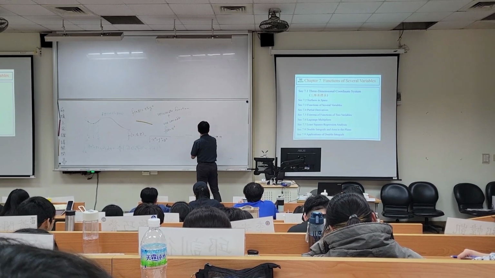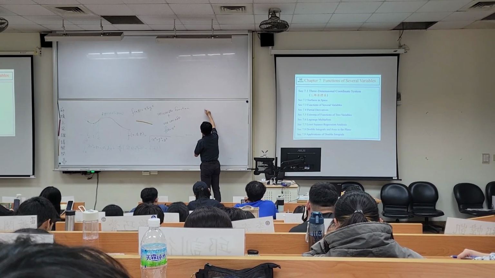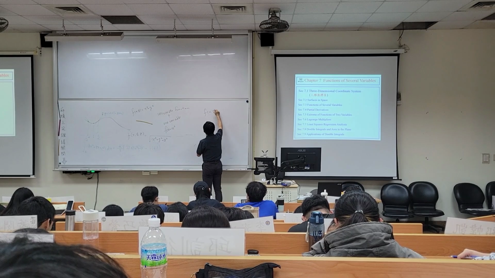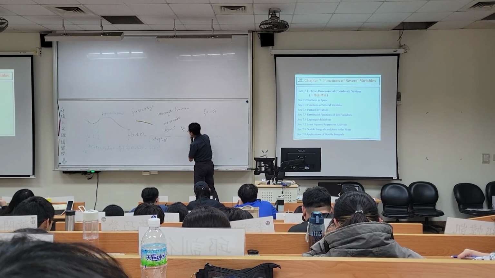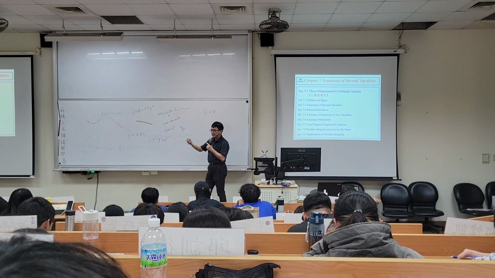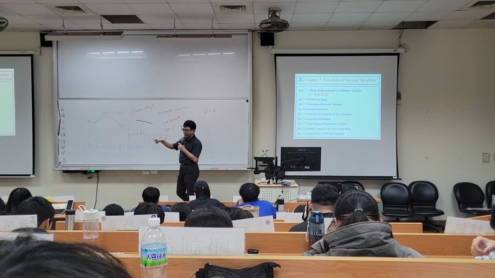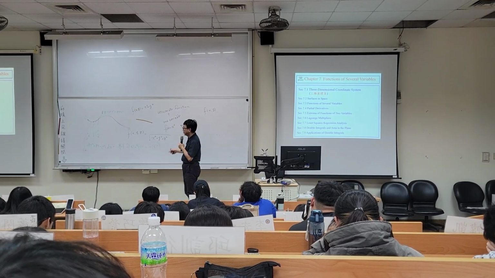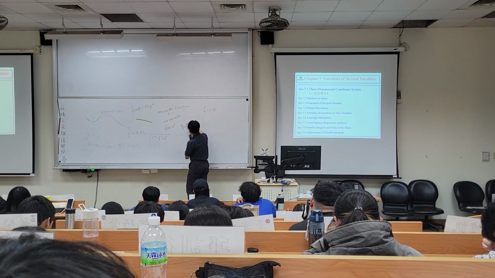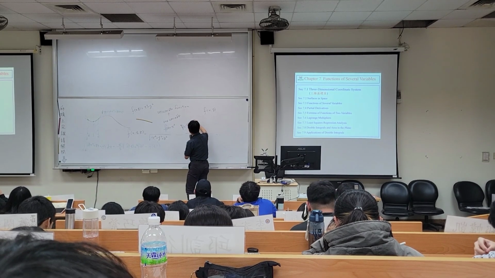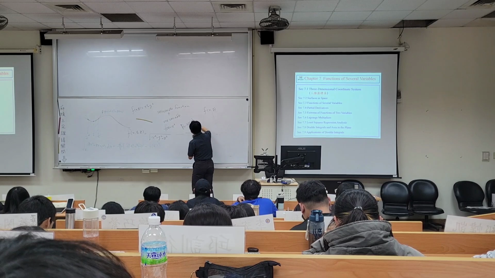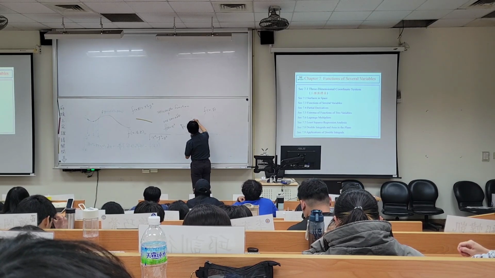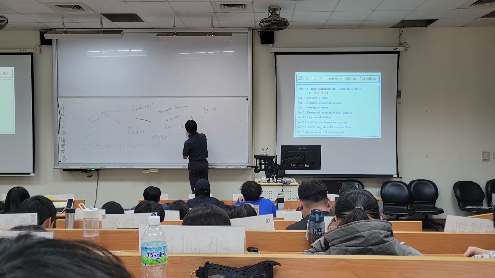For instance, for f of x, y, this is bivariate, bi meaning two. See, bicycle, you have two wheels. So it's a bivariate function.